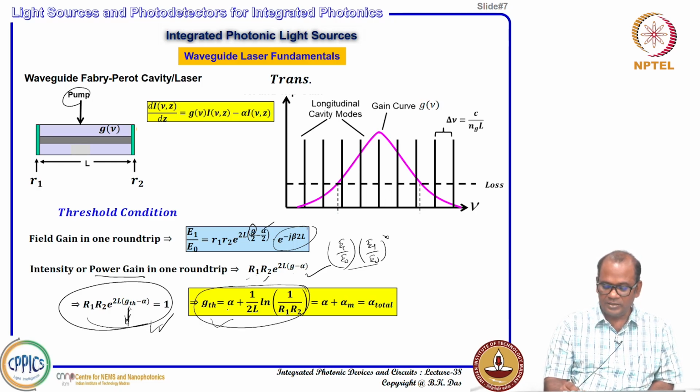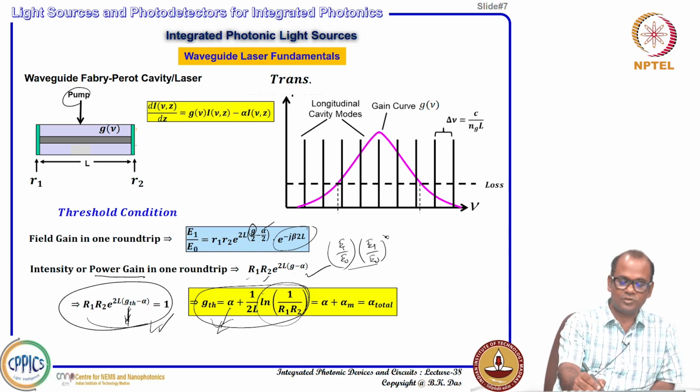Normally this alpha, we know, is your loss coefficient, and this term is the loss because of the two mirrors, divided by 2L. That division by 2L means your mirror loss, which is actually a lumped loss happening here and here.